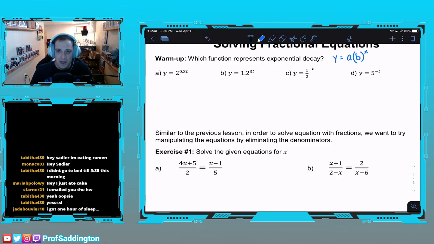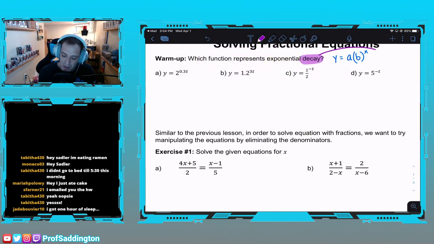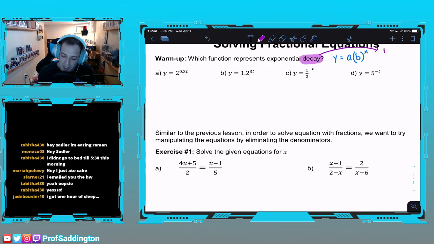Now, if it was exponential decay, that just means that the b value, so the decay portion right here, oh my gosh, I'm already getting my iPad freezing up again. When we go to do the decay, that means that the b value is less than 1.